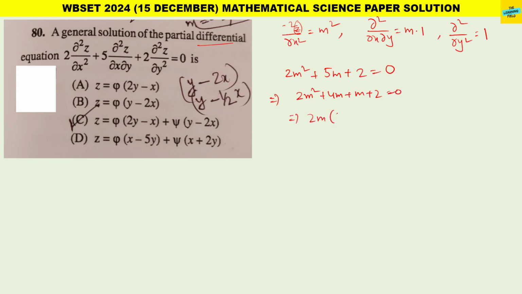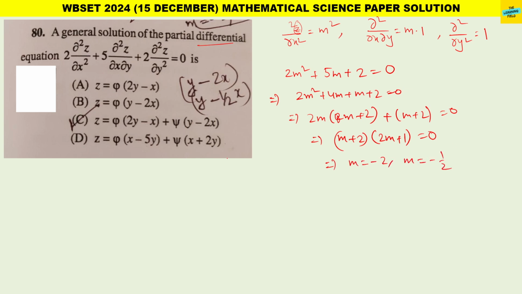So 2m into m plus 2 and plus m plus 2, this is equal to 0. That means m plus 2 into 2m plus 1 equal to 0. That is, the roots of the auxiliary equation are m equal to minus 2 and m equal to minus half. Now suppose this is m1, this is m2.